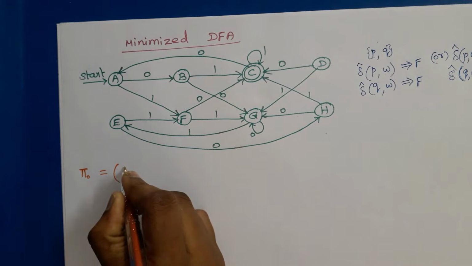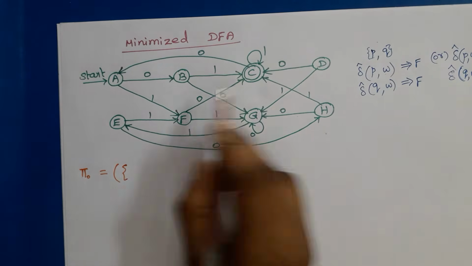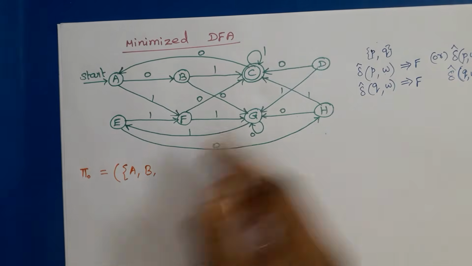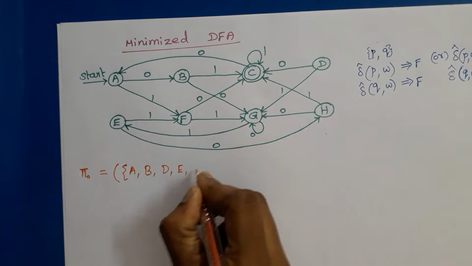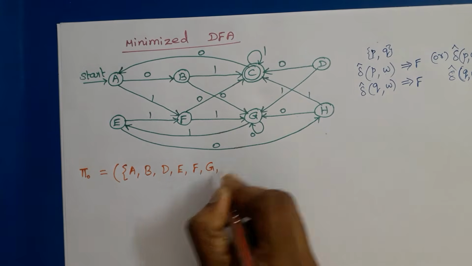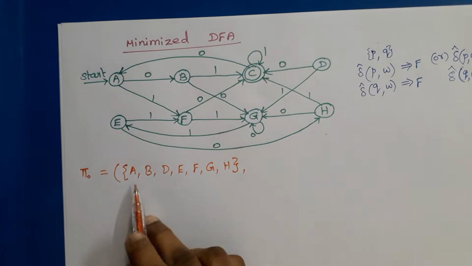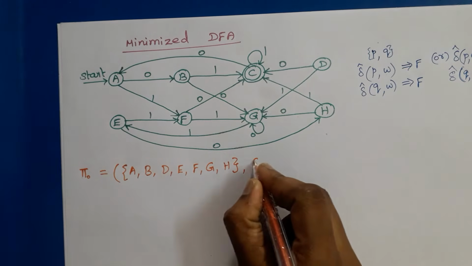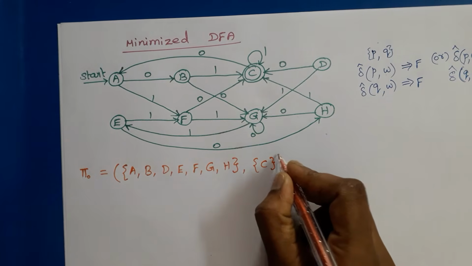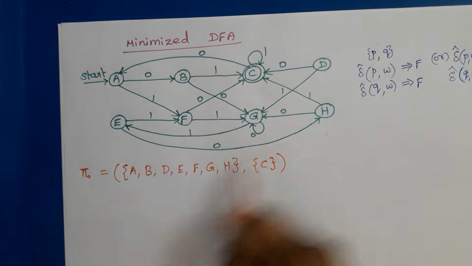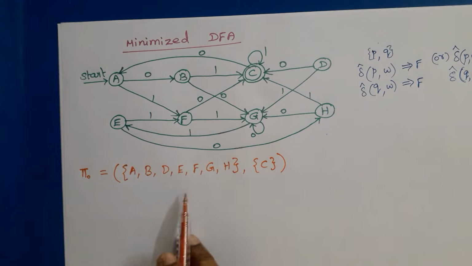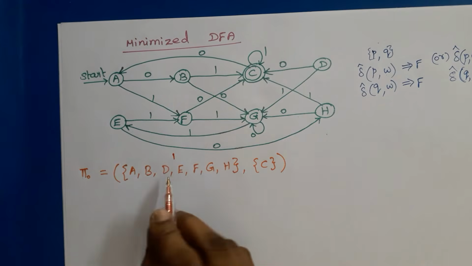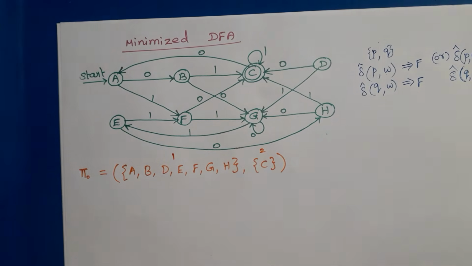Initially we consider all the non-final states: A, B, D, E, F, G and H. All these 7 states are in one group and C is in another group, because state C is a final state, other states are non-final states. So initially we make groups like this, and then we give the group numbers 1 and 2.